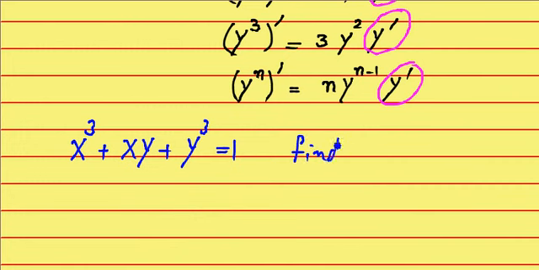Find dy dx. Our general rule of thumb would be, given any such problem, we just go ahead and differentiate both sides with respect to x as it is, just so that our answers will be comparable. So we're just going to go ahead, differentiate with respect to x.